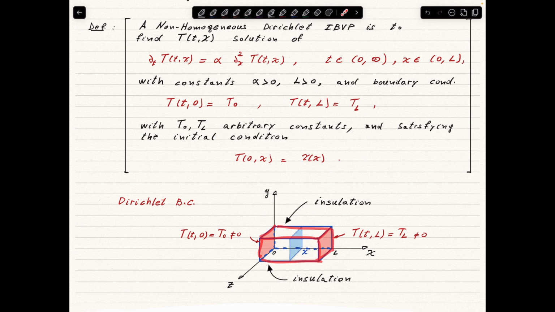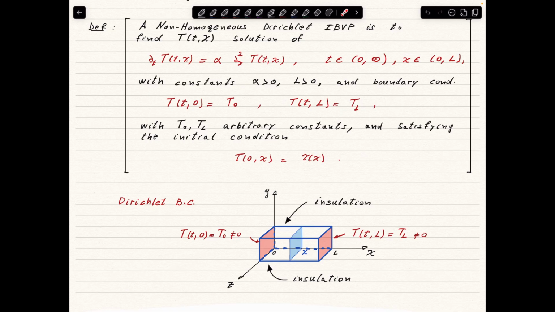We put insulation on the top side, the bottom side, the front side and the back side, and the initial temperature is a function only of x, so all the points in a cross section of the bar have the same temperature. That's why the temperature is a function of x. When you do all that, one can prove that the solution is also a function only of x, and nothing depends on y.